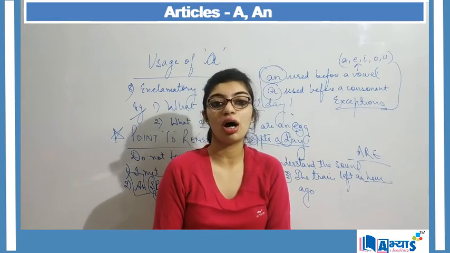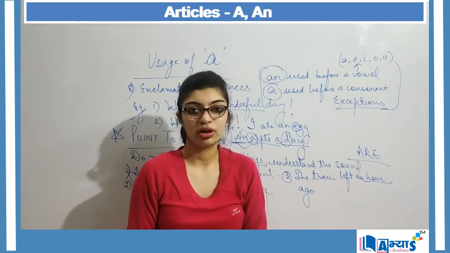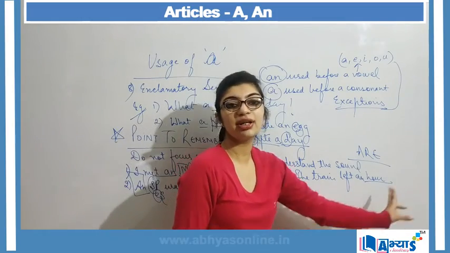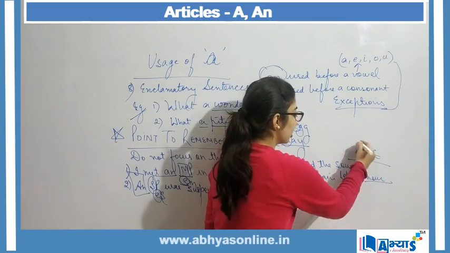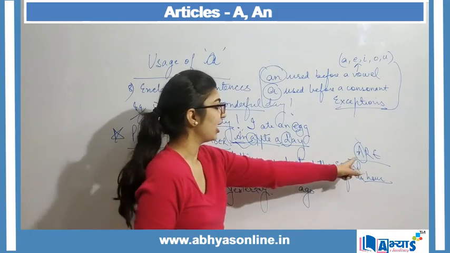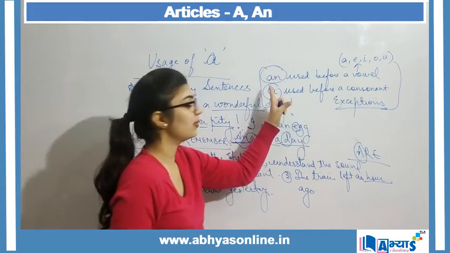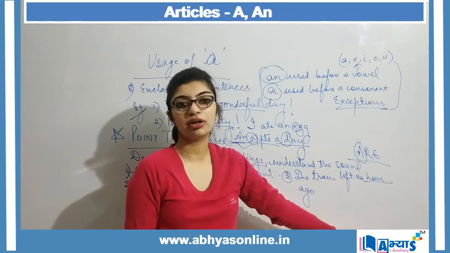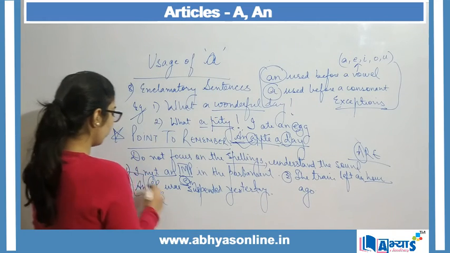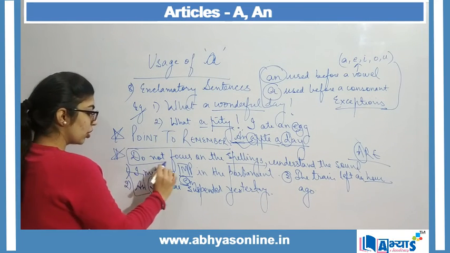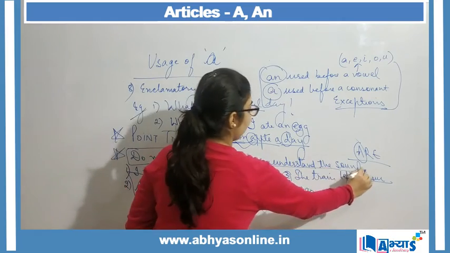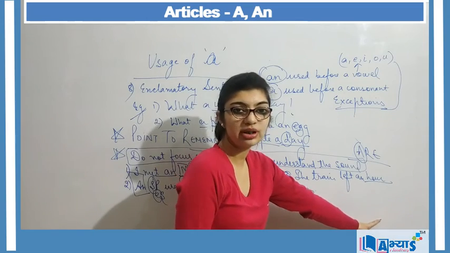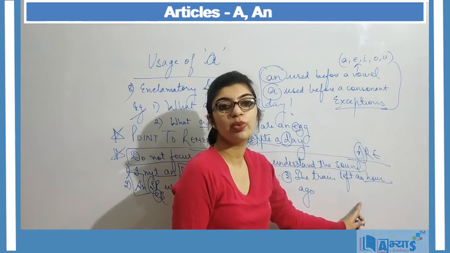We do not say har, we do not say hour with an H, we say our. So, the train left an hour ago. Here the sound begins with a vowel, and therefore we will make use of the article an. The train left an hour ago. Again, we will focus on this concept. Do not focus on the spelling. Understand the sound. The sound is of the vowel, therefore the article used will be an.